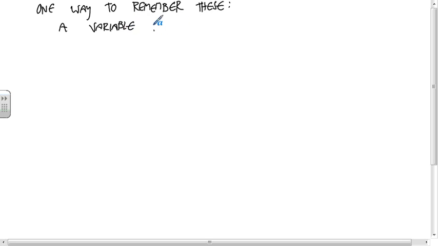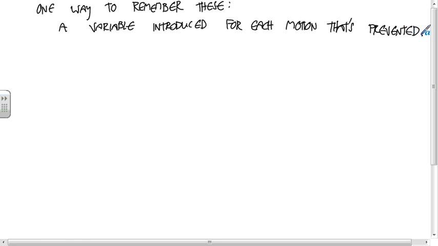So one way to remember these is a variable is introduced for each motion that's, maybe I'll say prevented.